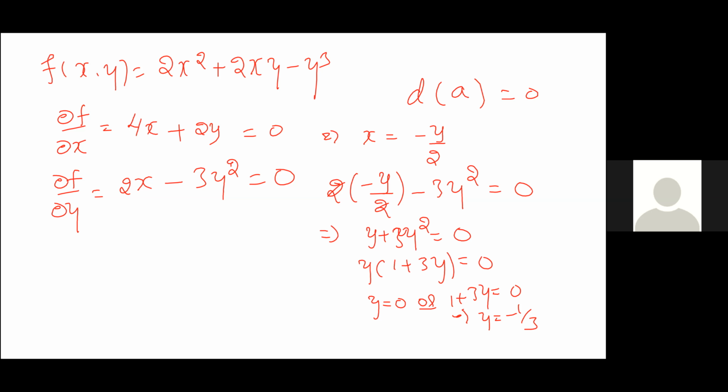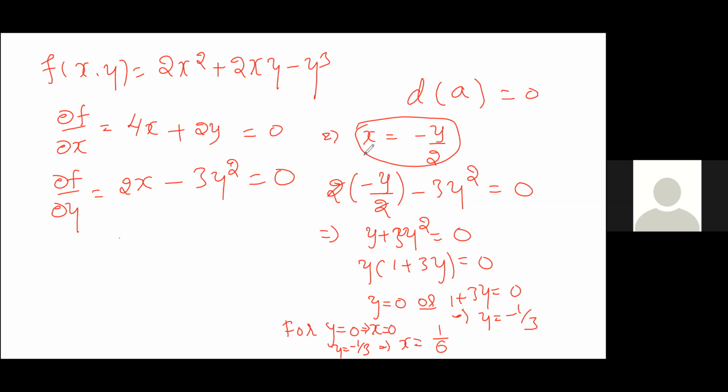Now use these values in the equation x equals minus y by 2. For y equals 0, x also equals 0. For y equals minus 1 by 3, x equals minus into minus, which becomes plus, so 1 by 3 divided by 2 means 1 by 6.